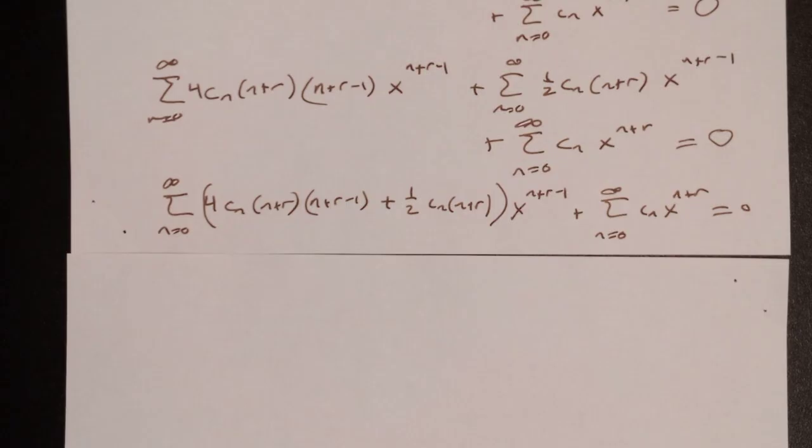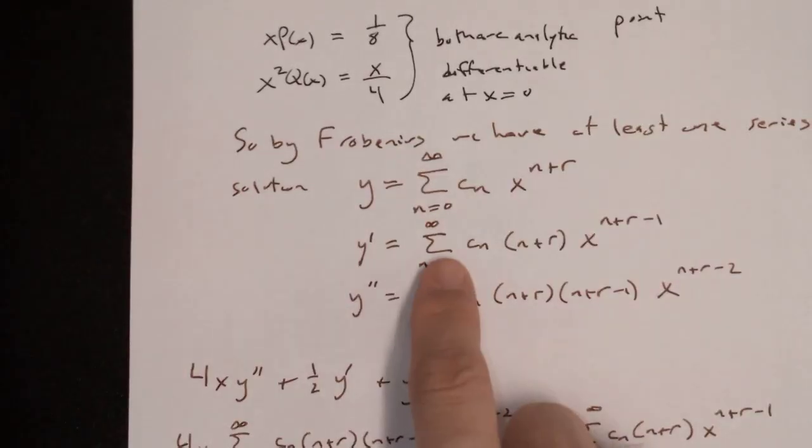I have a question for that. When you take the derivative of this, I thought the first derivative would start at 1. When we start with c_n x to the n, then it's n x to the n minus 1, right? Yeah. And I know n is 0 the first time. But what happens here if you put in n equals 0?